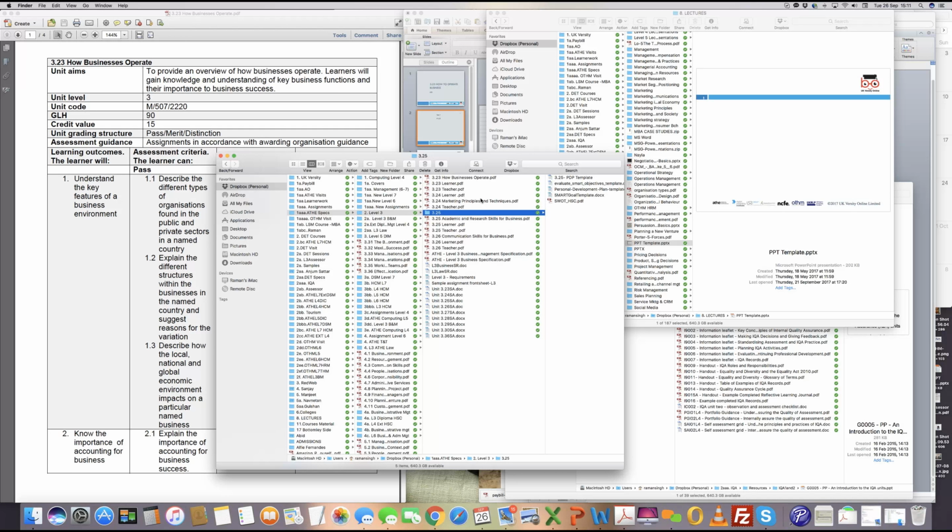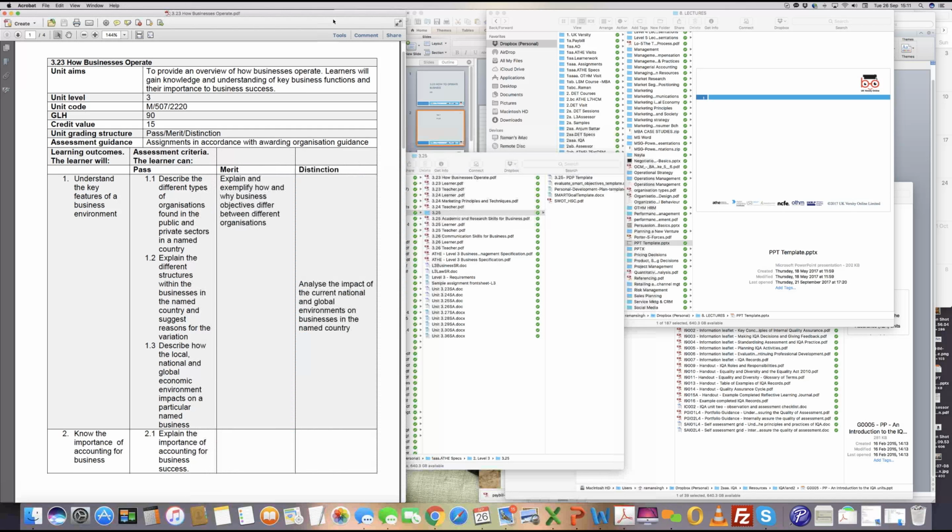So the careful selection of these 4 units has been done from a point of view of looking at 2-3 objectives.